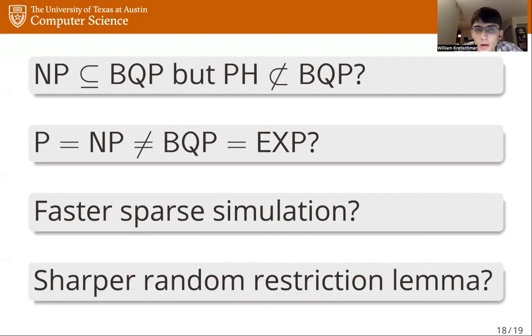Then finally, there are a couple of questions that are more quantitative in nature. For example, as I mentioned, we have this simulation lemma for sparse inputs, where we can show that a quantum algorithm on all sufficiently sparse inputs can be simulated with high probability.